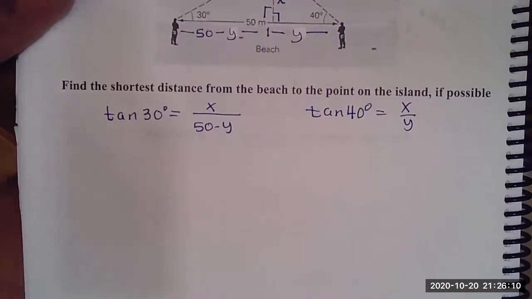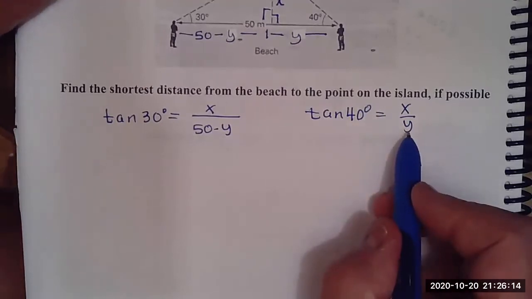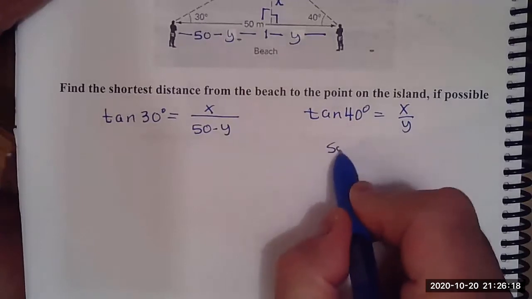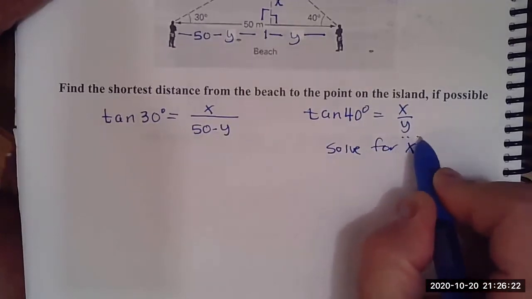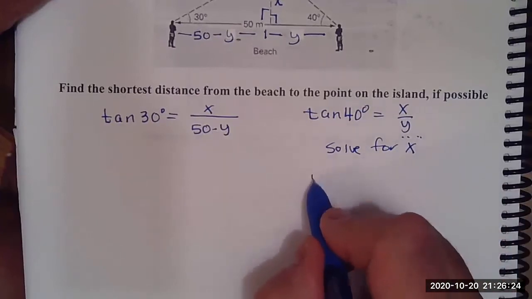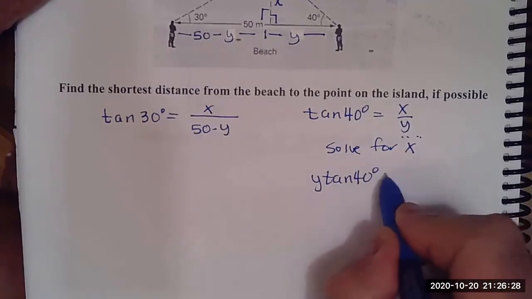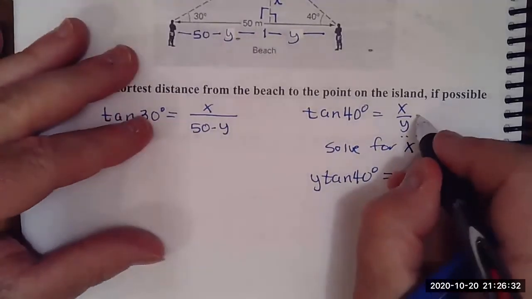Now we're going to do a substitution method. I think I'll take this one and solve for x. So I have y tangent 40 degrees equals x. All I did is multiply both sides by y.